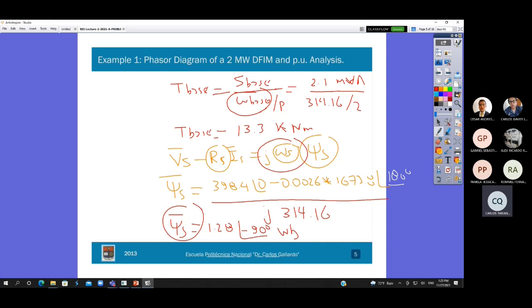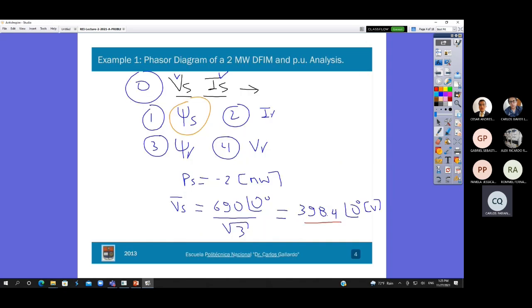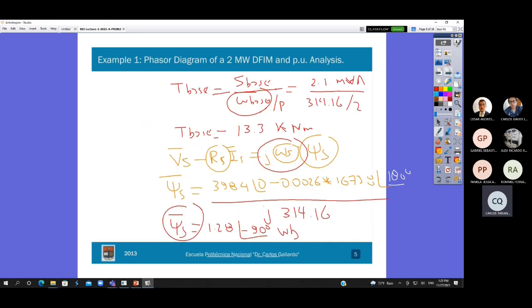The base flux is 1.26. For the per unit value, I divide by the base, therefore I will have 1.01 with negative 90 degrees. So my first step is to compute the stator flux.